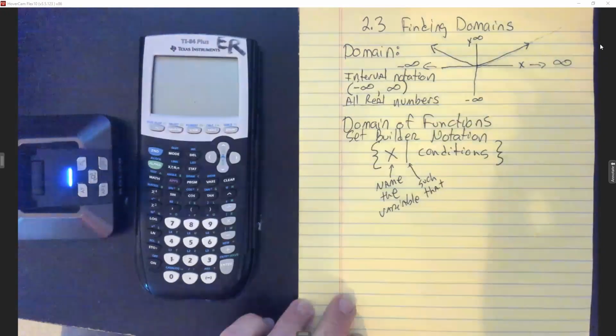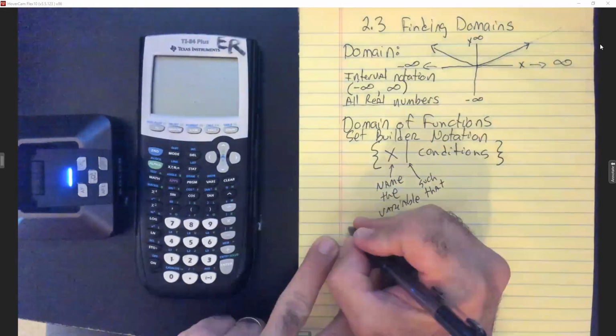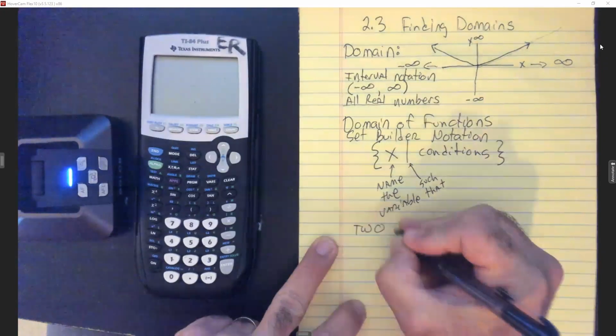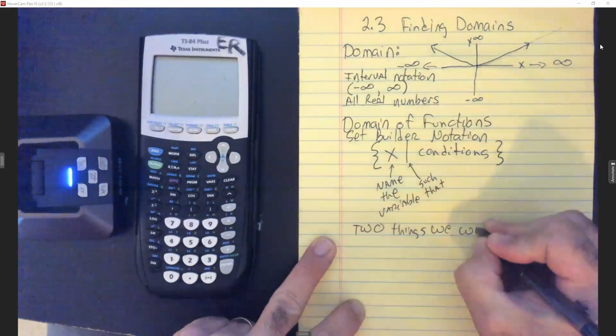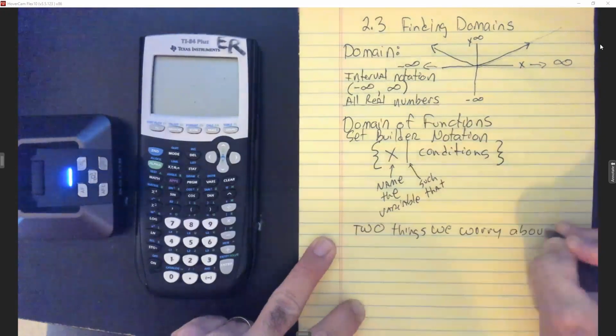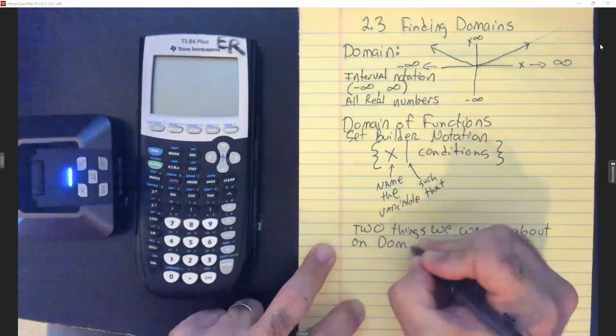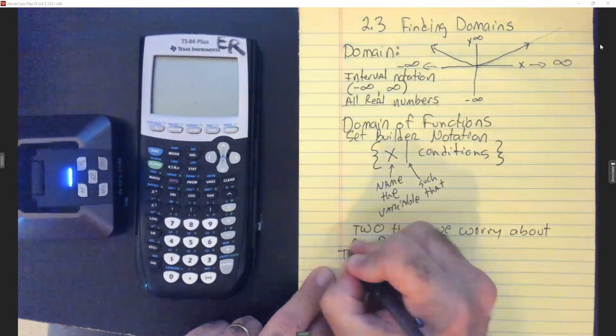Now, on a domain, there's only two things we're worried about. First thing we're worried about are fractions.